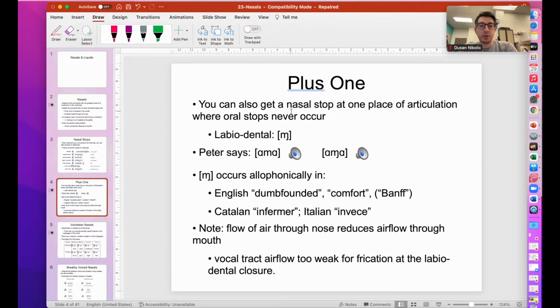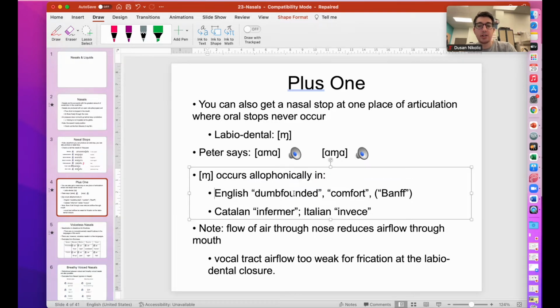All right. You can also get a nasal stop at one place of articulation where oral stops never occur, and that's the labiodental nasal stop. So this would be amma. Ma occurs allophonically, so labiodental, you're touching your upper teeth with your lower lip.